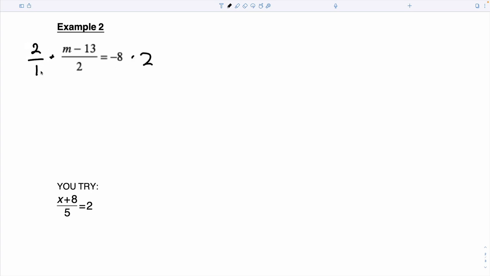Multiply by 2 over 1 on the left side, and by 2 on the right side. Preston, simplify the left side for me. Can I cross cancel anything? And what's the only thing left over, Preston? Good. What about the right side, Sunny? What do I have left here?